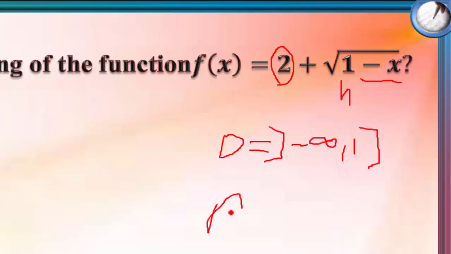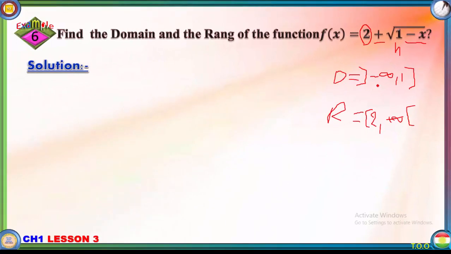But the range is from the start point to the positive infinity, because the sign of the square root is positive here. Because k is 2, it starts from 2 to the positive infinity. Therefore the domain is from minus infinity to 1, and the range is from 2 to the positive infinity.